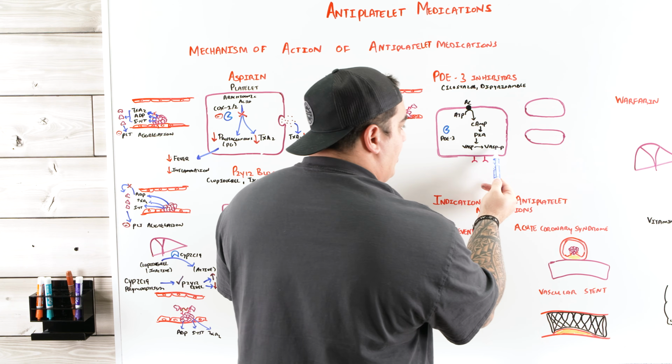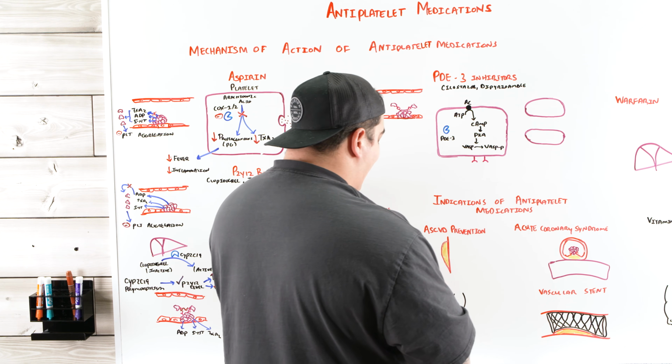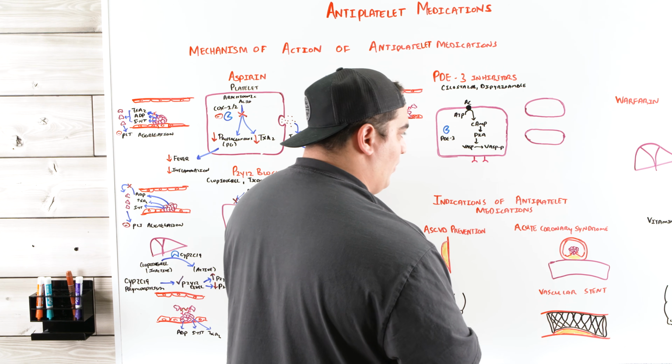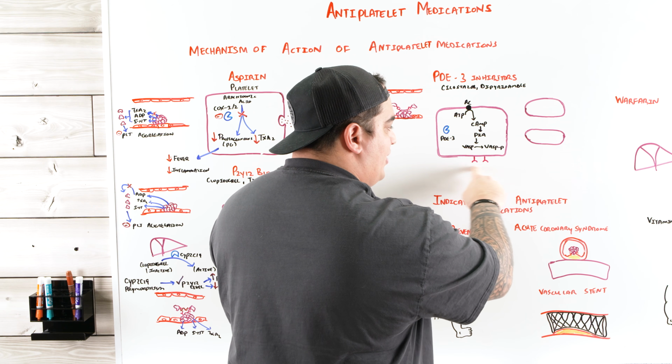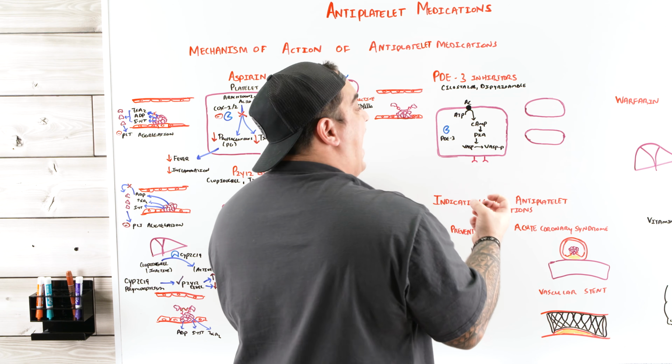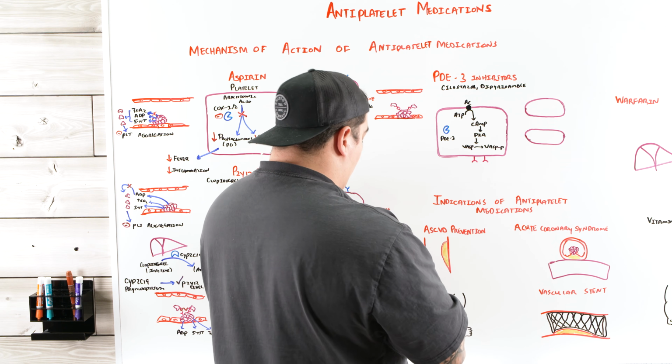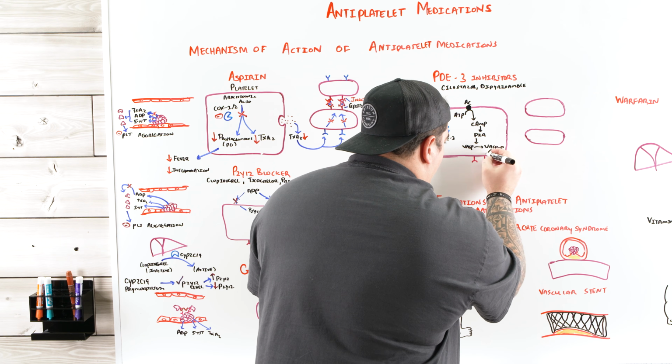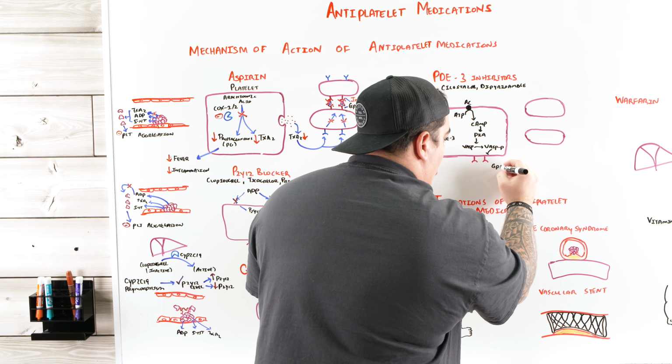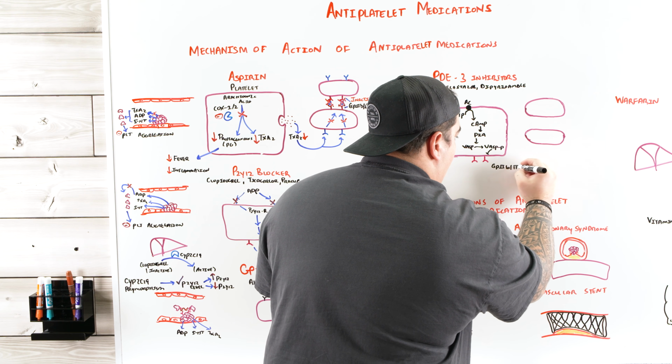Here's the thing. When this VASP is in this state, it's inactive, if you will, and so it's not able to keep these GP IIb/IIIa in their active state. What I want you to remember is that this pathway naturally helps to inhibit GP IIb/IIIa.